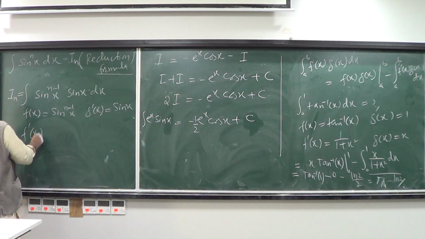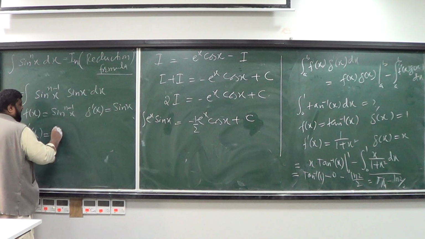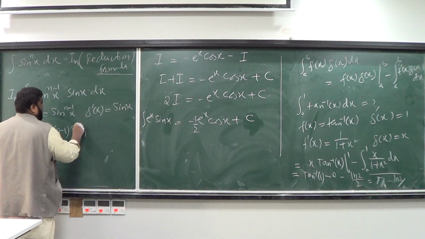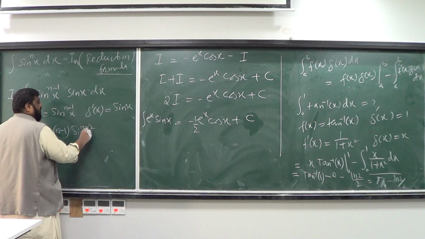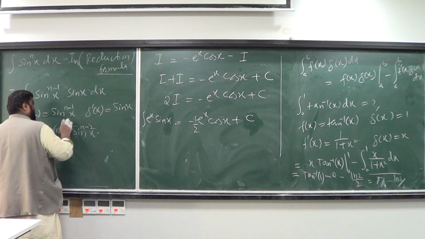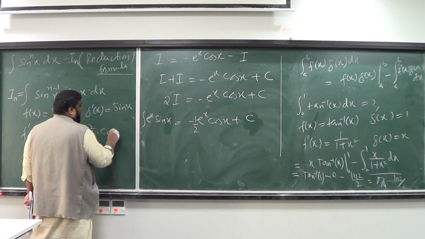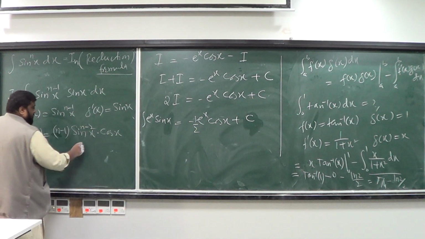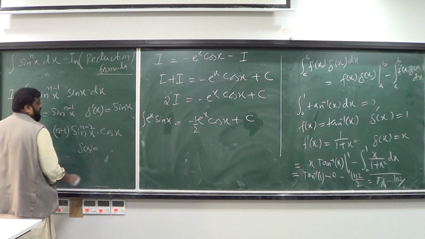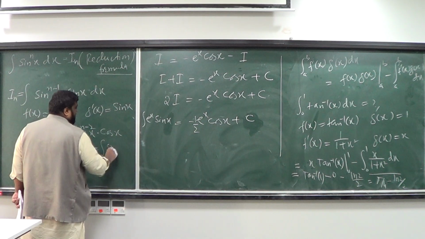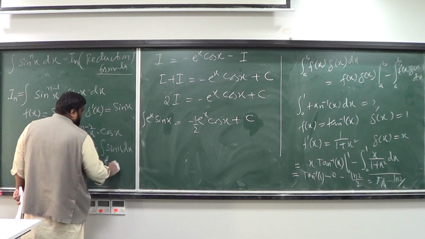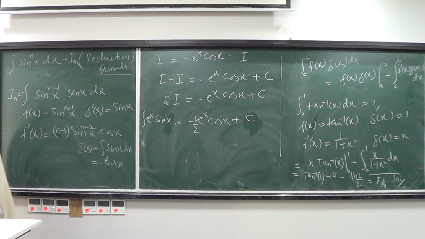So f prime of x is going to be n minus 1 times sine power n minus 2 x multiplied by the derivative of sine x, which is cosine x. And what would be g of x? We need to integrate sine x dx, so it's going to be negative cosine x. This is going to be my g of x.